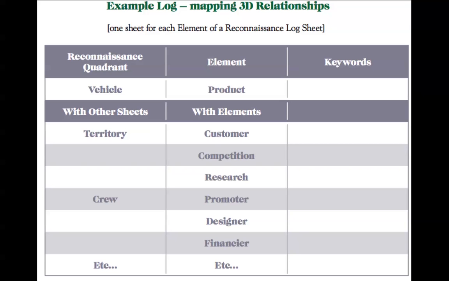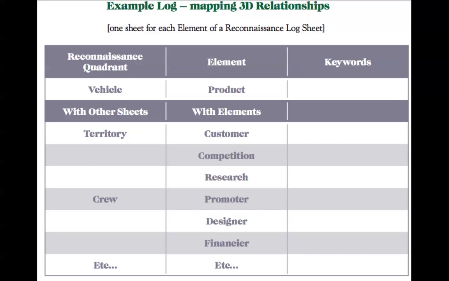So to complete my first pass of the product mapping sheet at this point, I now need to enter some keywords in the last column to give me the headlines of each relationship. What's the basis for the relationship? For example, what are the keywords when I try to view my product element from the standpoint of my customer?